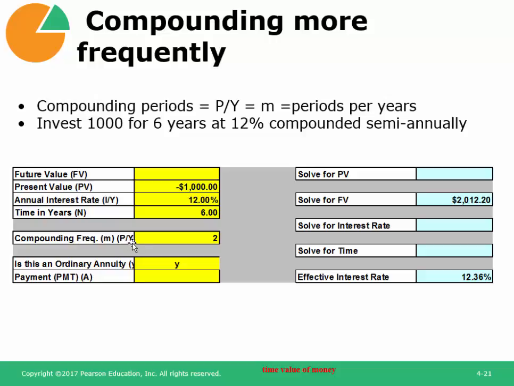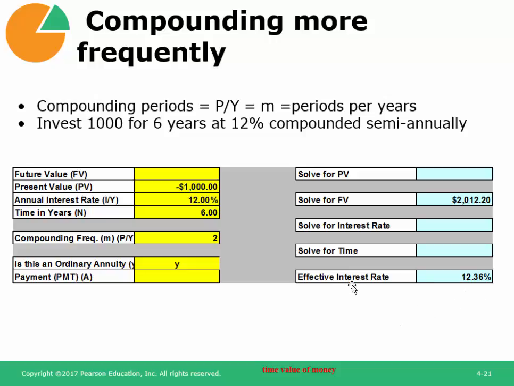So P divided by Y is periods per year. I'm not really sure where the letter M comes from, but periods per year certainly is self-descriptive. So 2 times. At the end of 6 years, if we calculate interest every 6 months, we'd end up having $2,012 odd dollars.